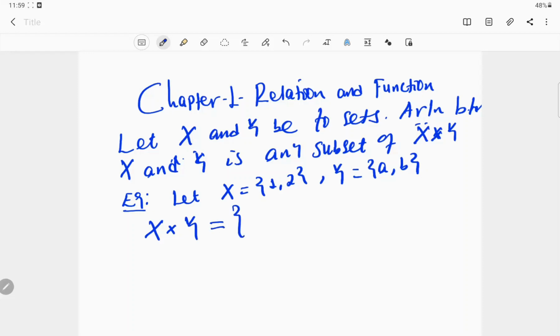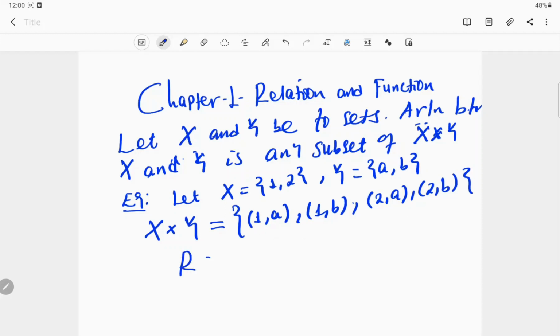It is the set of ordered pairs, whereby the first element is from x and the second element is from y, so we have 1a, 1b, 2a, 2b. If you take any subset from this set, that subset is a relation.